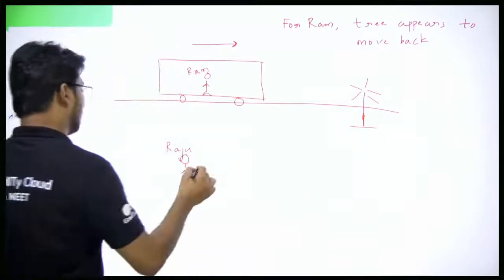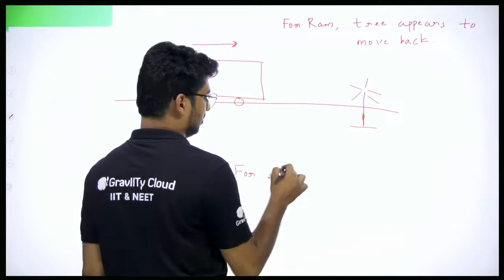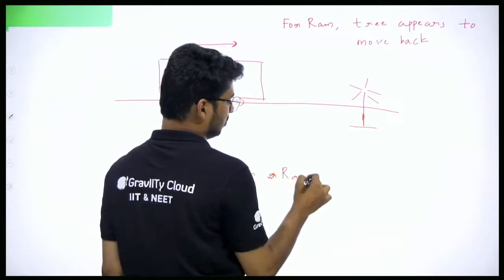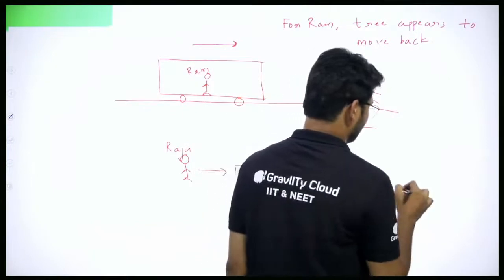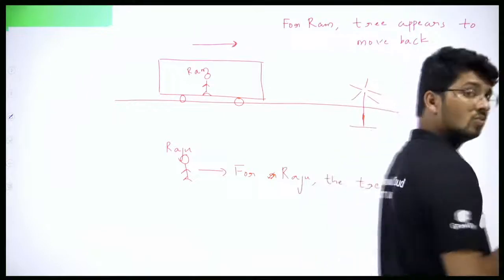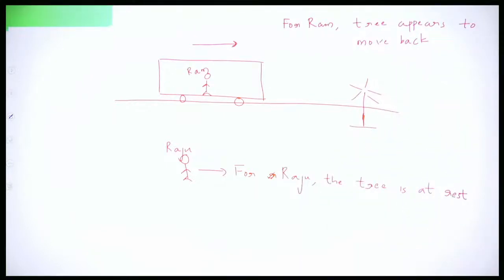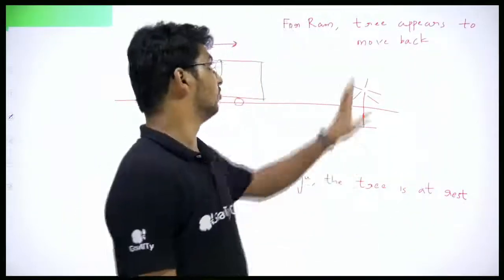But for Raju, what happens? For Raju, the tree is not moving. Or I can say the tree is at rest for Raju. Yes or no? So you can see Ram and Raju. For Ram, the same tree is moving back.